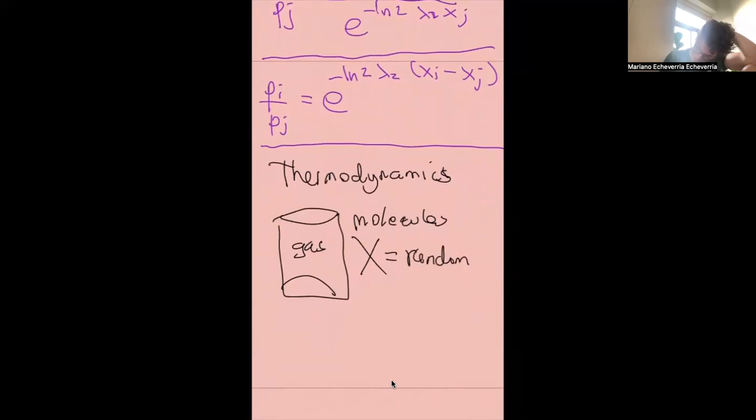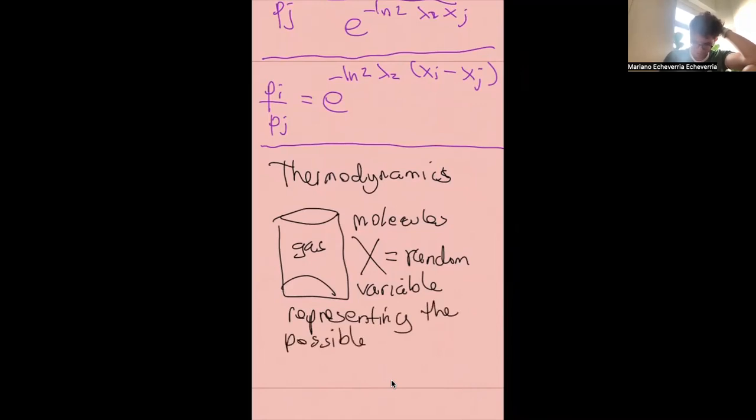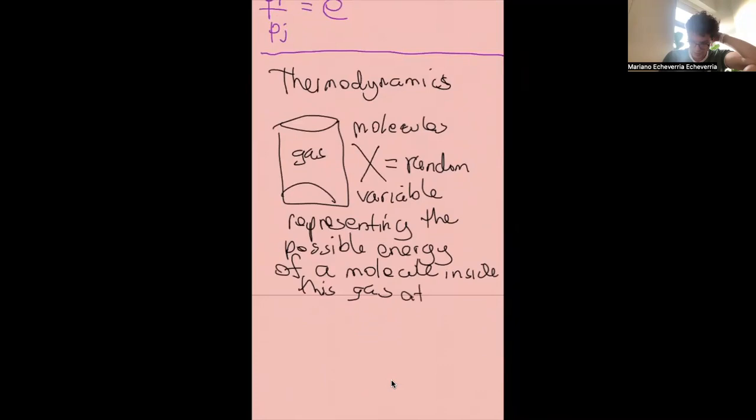So it's the random variable representing the possible energies of a molecule inside this gas at temperature T. And then lambda 2 is what gets identified with 1 over the Boltzmann constant.